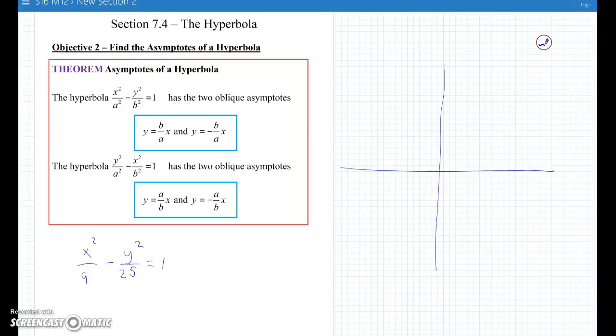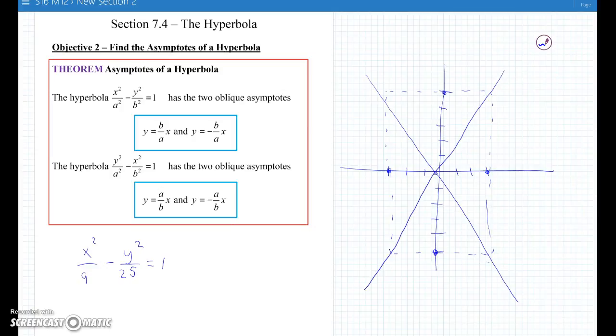Well, then we know from the ellipse that we go 3 in the x direction, negative 3 in the x direction, 5 in the y direction, and negative 5 in the y direction. But now we're going to make this rectangular box where those 4 points are the midpoints of the sides of the rectangle. Then you're going to draw the diagonals of the box, and they should go through the center.